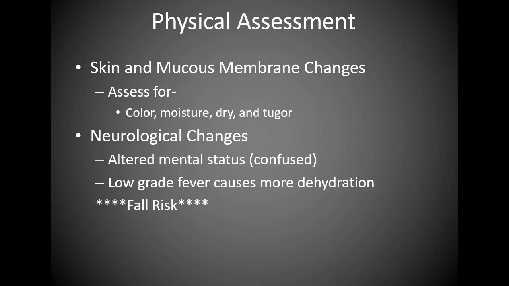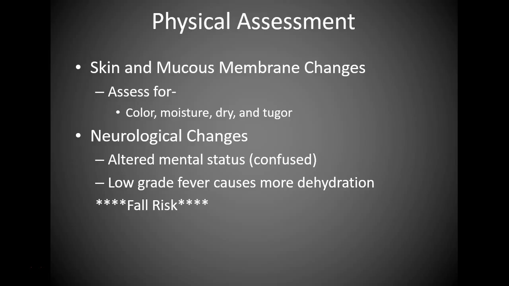So for skin and mucous membranes, you're going to assess for color, moisture, dryness, and turgor. Patients who are very dehydrated are going to be more of a pale color. Skin is probably going to be very dry. They're not going to have the turgor. Or on the flip side, people who actually have a fluid overload will have skin that is more pink and has more moisture to it.